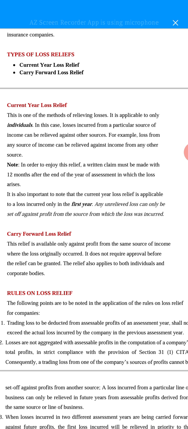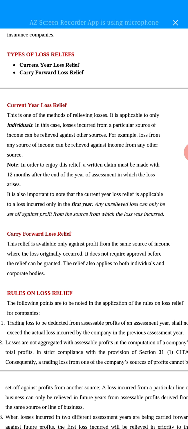Now, looking at the current year loss relief, this loss relief is only for individuals, whereby a loss incurred can be set off against any other income within that year. But once it exceeds that year, the losses will be carried forward, and can only be set off against the same source of income from which it was incurred.